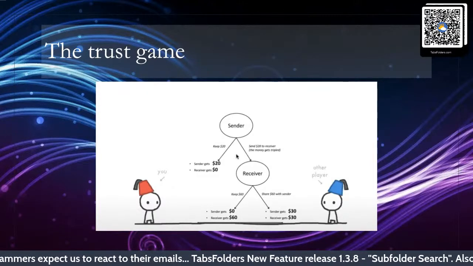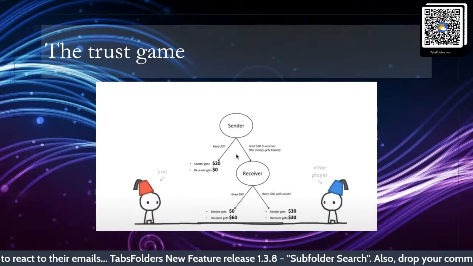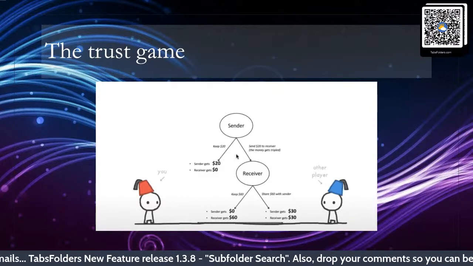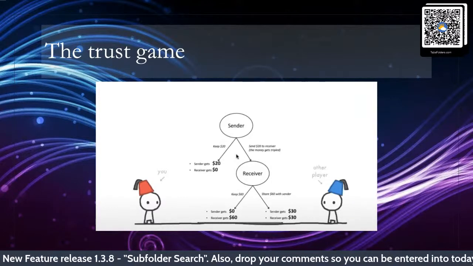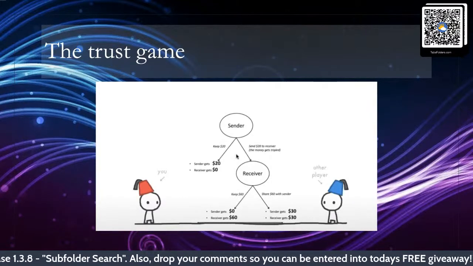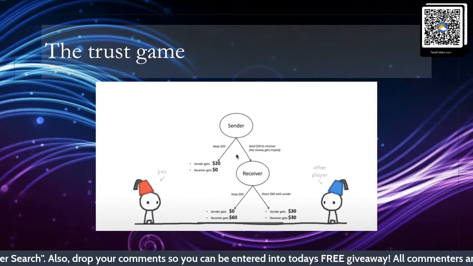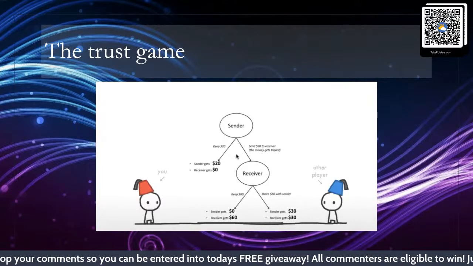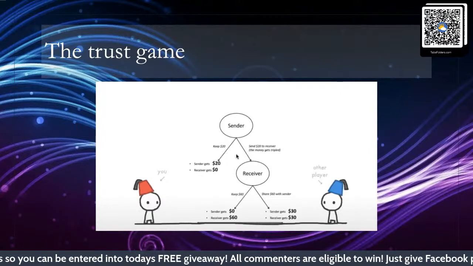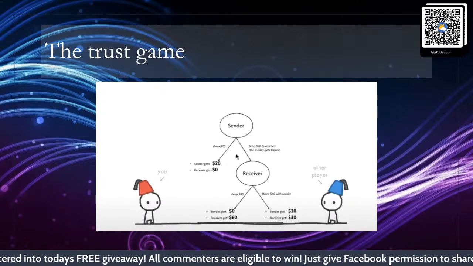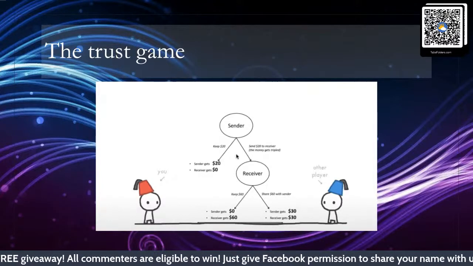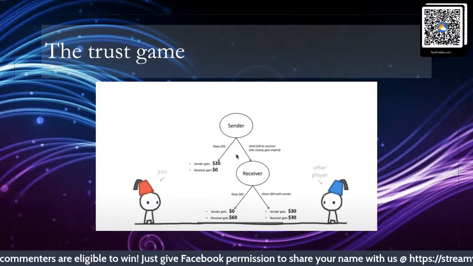And logically, you would think that, first of all, as the sender, you shouldn't send the money because you have $20 and you could get $30, but if you don't know the person you're sending the money to, how can you guarantee that they will send any of that money back to you? I mean, you can't.